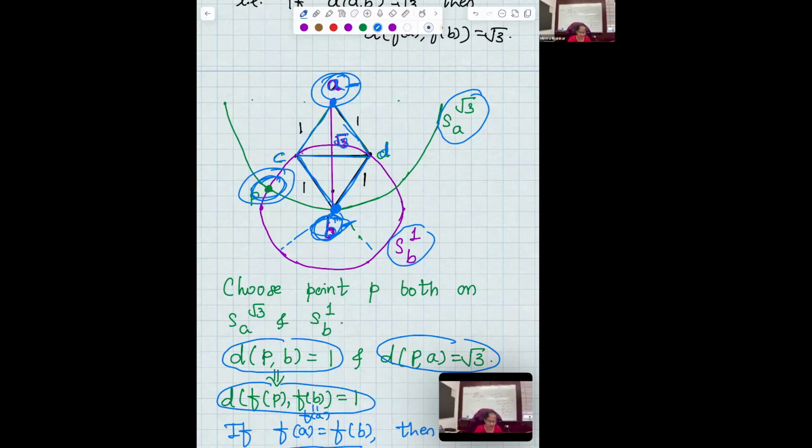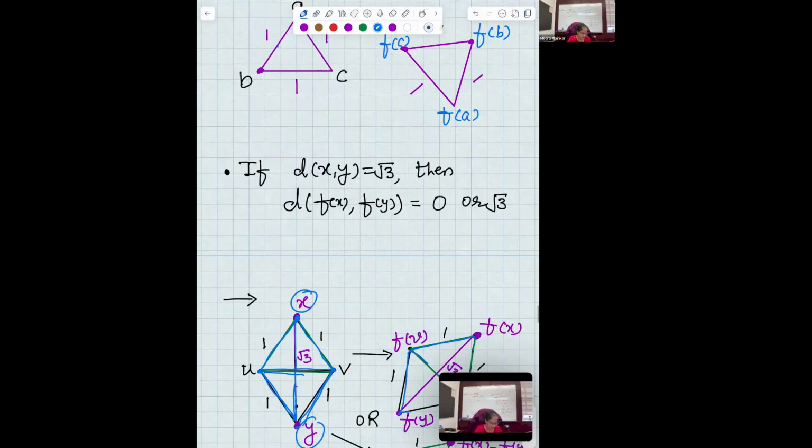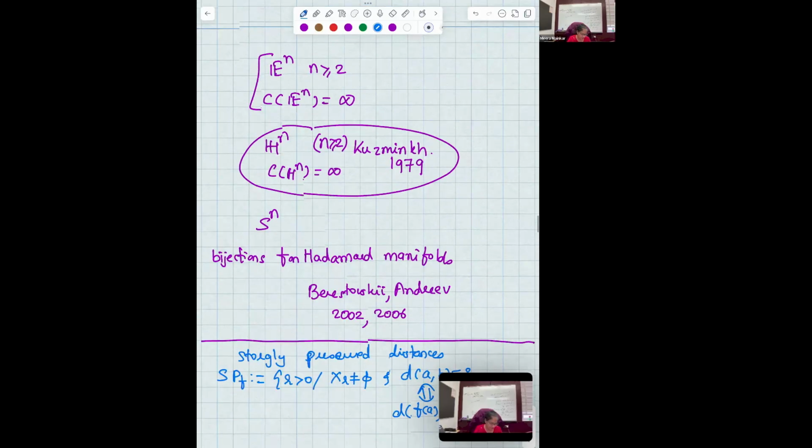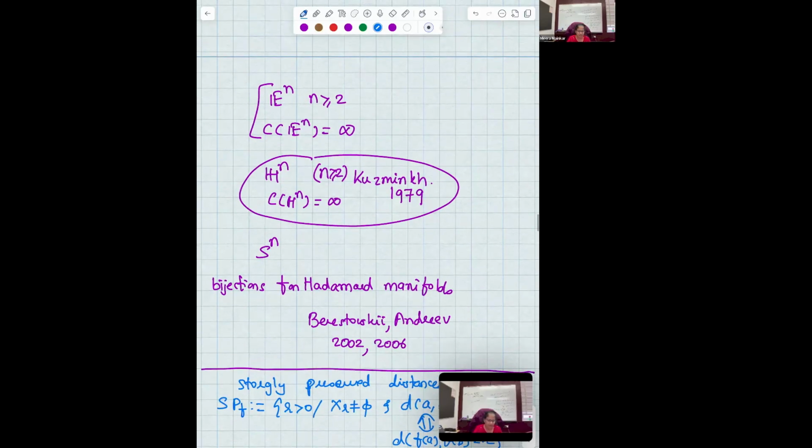Yeah, so the Hadamard manifolds is something which I'm not familiar with. But yes, if you have a bijection F from a Hadamard manifold to itself, and if SPF is not empty, then it preserves all distances.